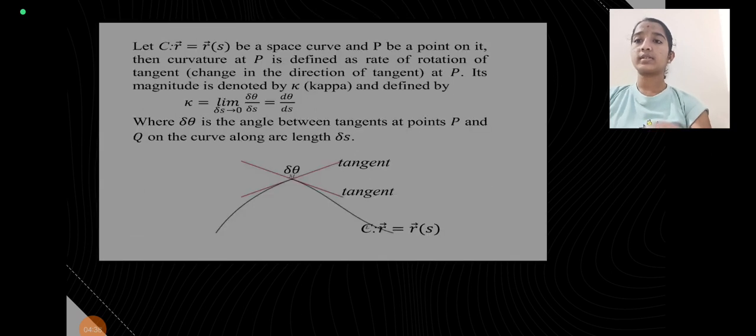Let C: r = r vector of t be a space curve and P be a point on it.